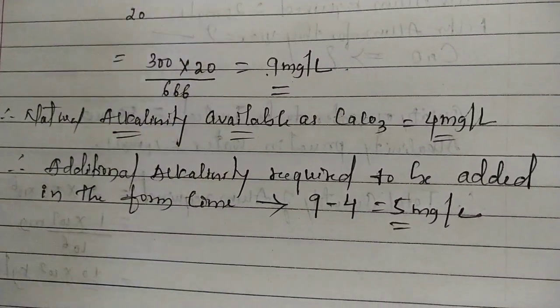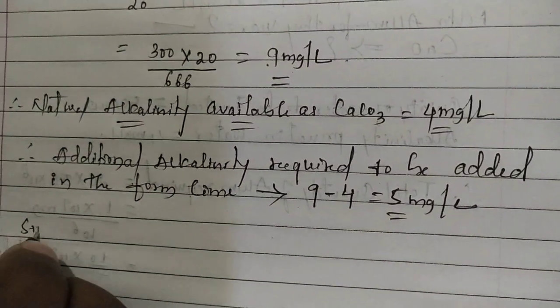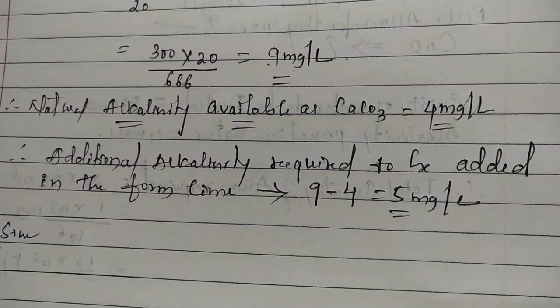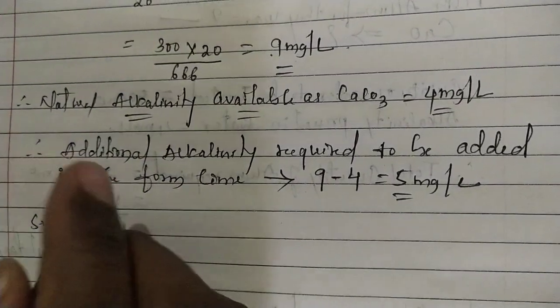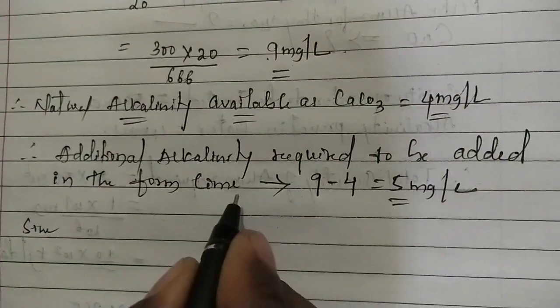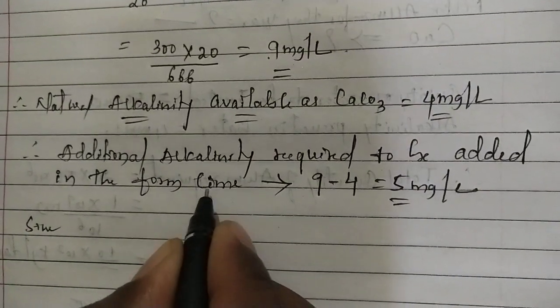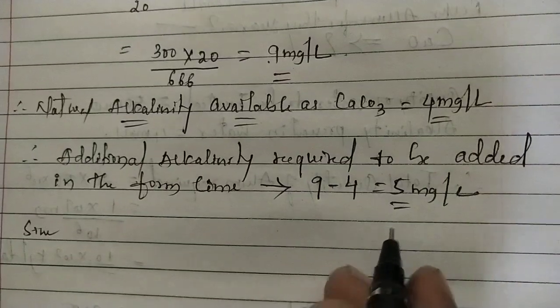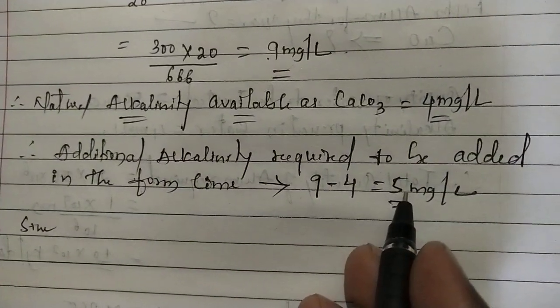For that reason, since the alkalinity is going to be added in the form of lime, the lime required is 5 mg per liter.